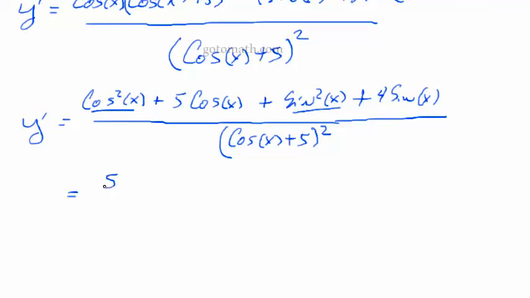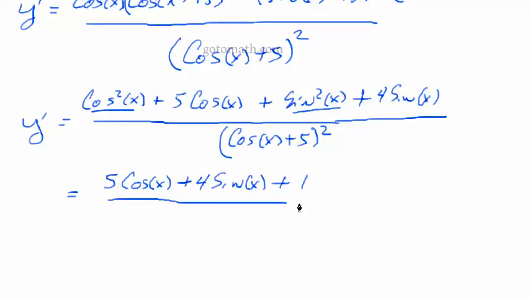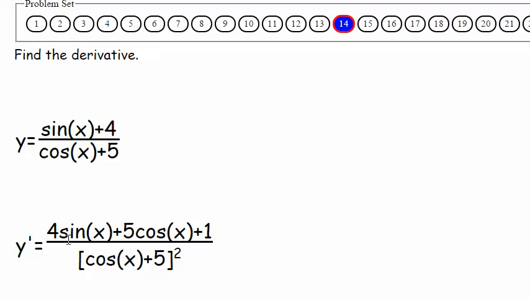And so we have 5 cosine x plus 4 sine x. And then, of course, we'll put the plus 1 out here. Right. Then we got cosine x plus 5 squared, y prime.